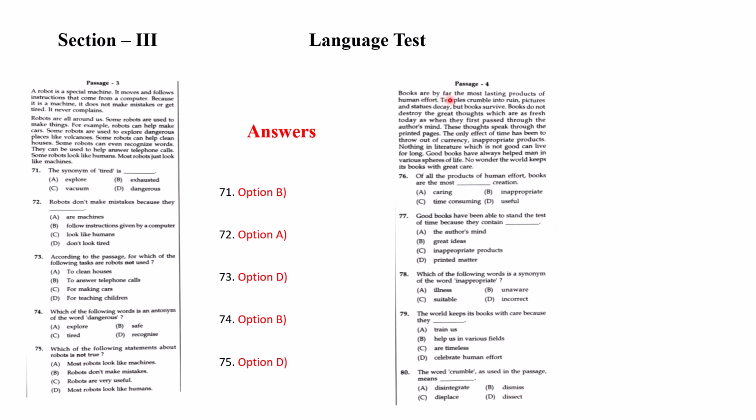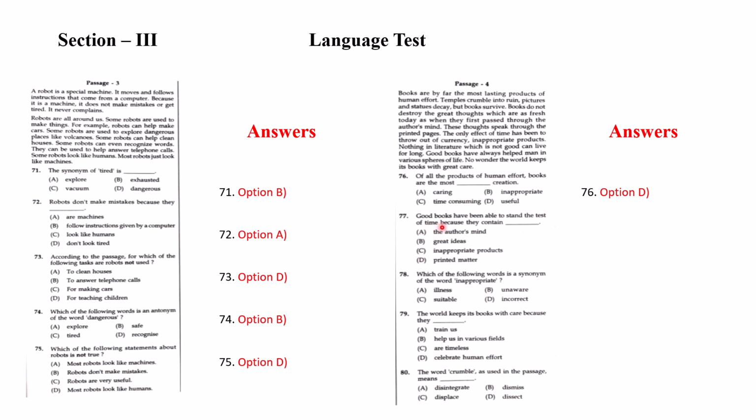Books are by far the most lasting products of human effort. He's telling that it is the most lasting product, that is useful product. Another word for lasting would be useful. Therefore, correct answer for question number 76 would be option D, useful.